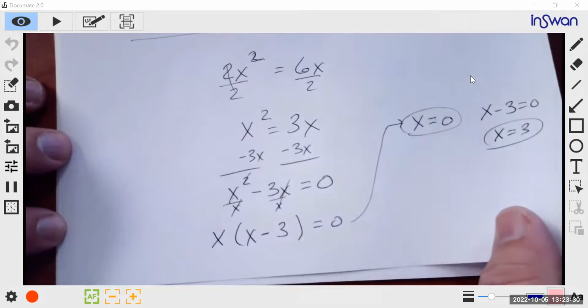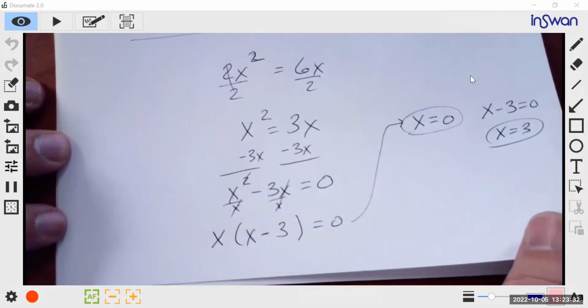This last part of this section deals with making something into quadratic.